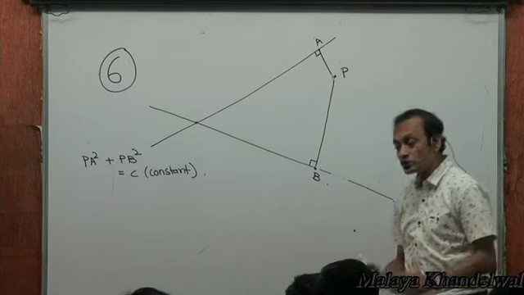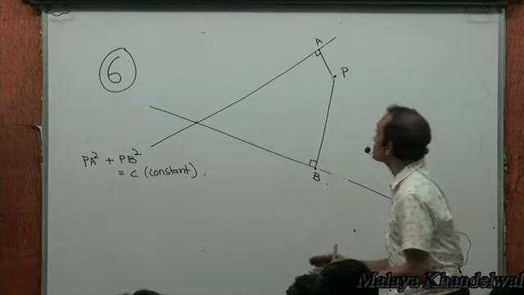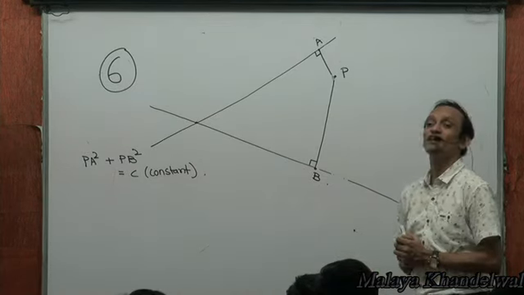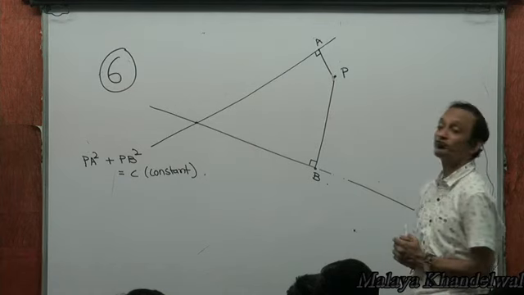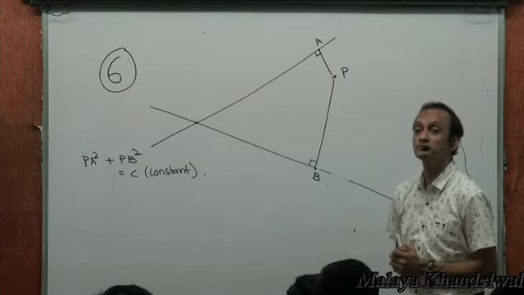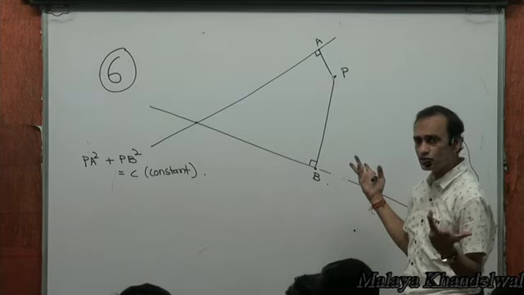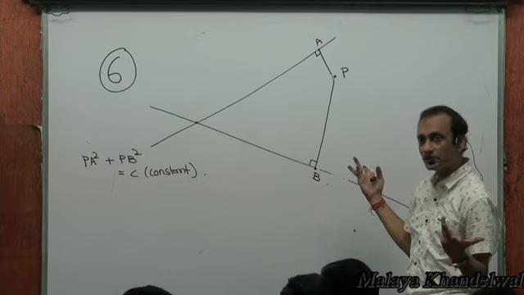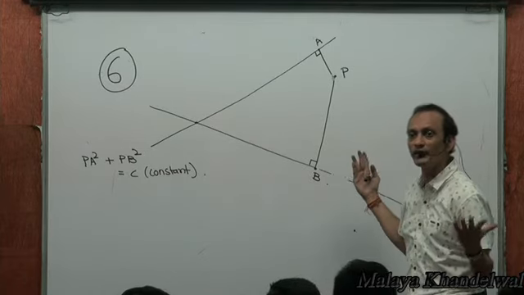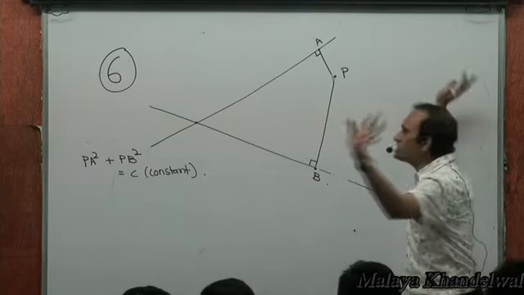Now exploit a situation where they have not defined the origin and they have not defined the coordinate axis. Where are the foci? I don't have the two foci here at all. I have nothing except these two lines and a moving point. Everything else is virgin here.